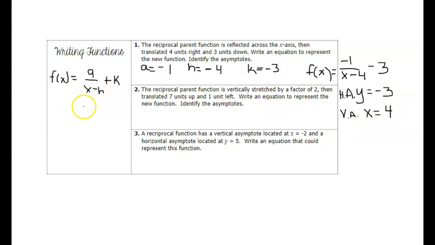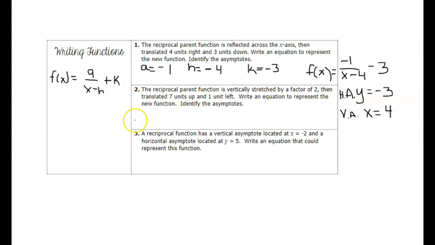It pushes the graph to the right. I'm just grabbing that h value. I know my sign is negative on h, but the opposite effect happens, so my vertical asymptote is at positive 4, not negative 4.